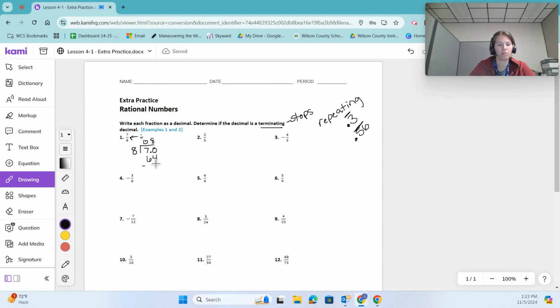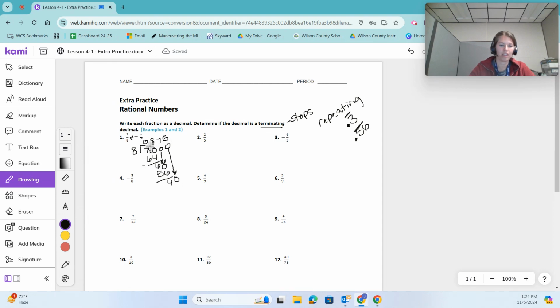I would do some subtraction here. I get a 6, bring down a 0. 8 goes into 60 7 times. That would be 56. Subtract, and I get 4. Bring down a 0. 8 goes into 40 5 times.